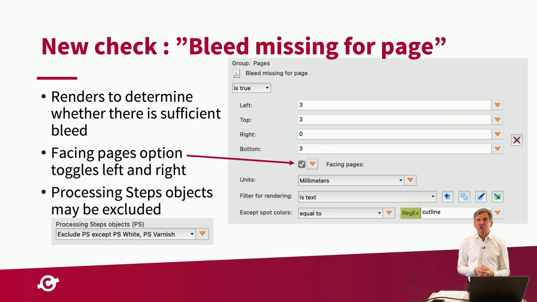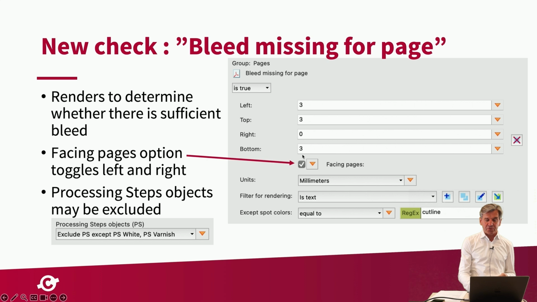So there is a new check. The check has the title, bleed missing for page. And then it does the same as pdfToolbox 15 would do. It would render stripes alongside the edge and find out whether there is bleed and whether the bleed suffices for your settings.